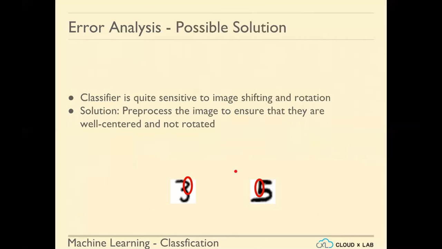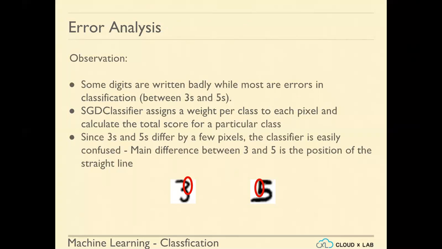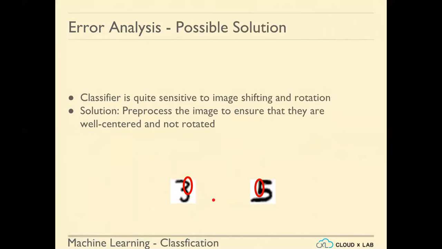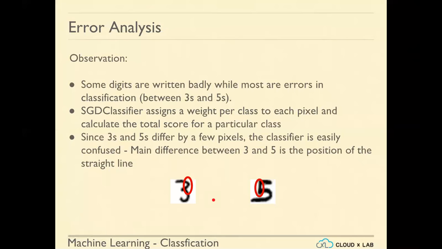Correct. So the classifier is quite sensitive to image shifting and rotation. That's another issue with the SGD classifier that we are using. Since the SGD classifier does it per pixel delta, the total score for a particular class is similar for both. You remember each pixel was a feature, a column, and each pixel is weighted.